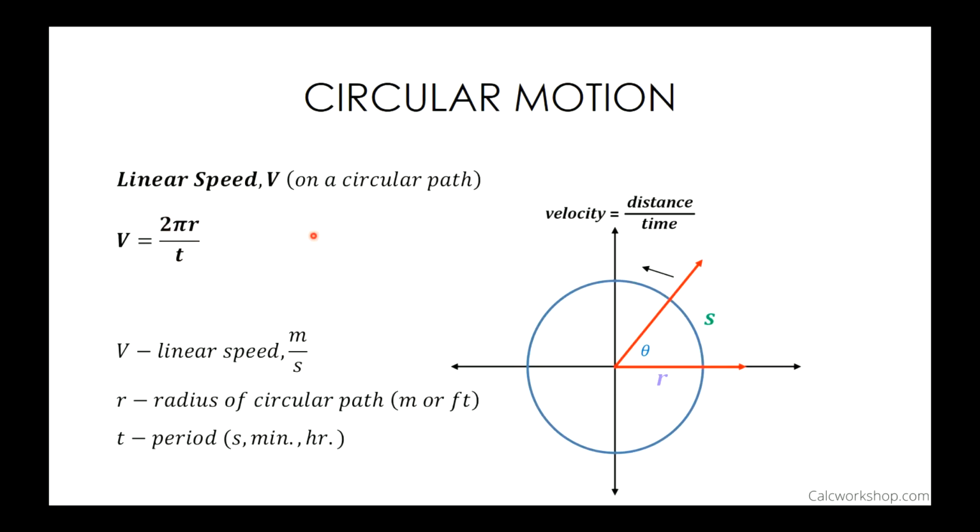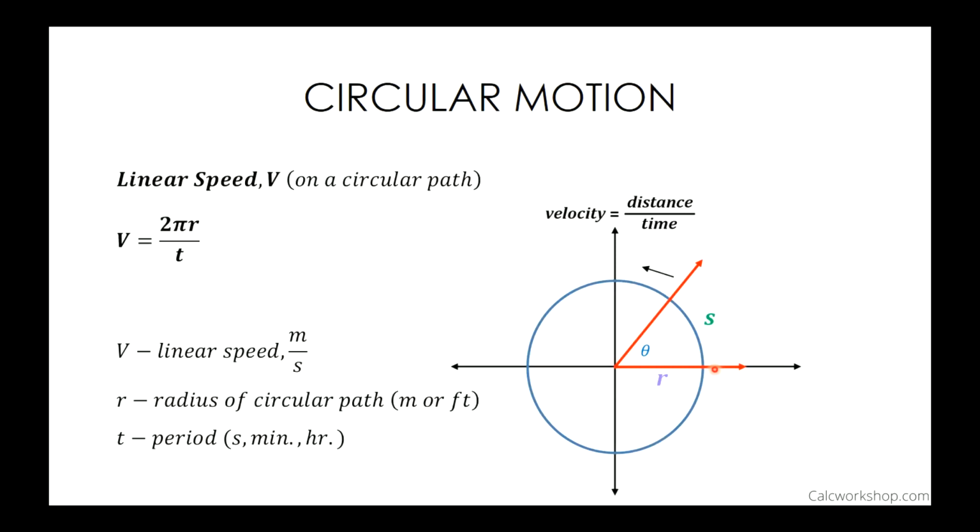Bakit 2 pi r? So, let's again go back to this diagram. Diba ito yung distance na tinravel ng isang object? And sabi, ang linear speed, distance traveled in one revolution. So, full circle. So, ano ba itong edge ng circle na ito? Anong tawag natin dito? Diba also, this is called the circumference.